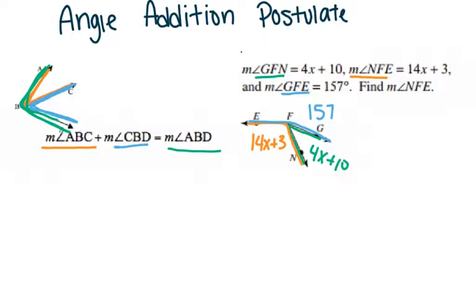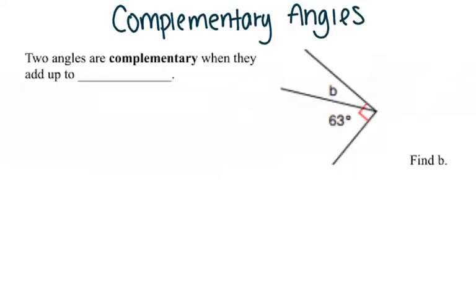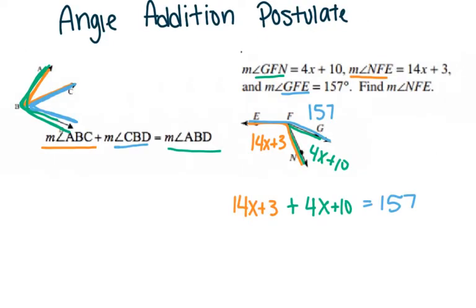So here's what the postulate says I can do. I can take this angle, add it to the other little angle, and it should equal the big entire angle. Okay, so notice in this question, I'm not finding x, I'm finding the measure of angle NFE.